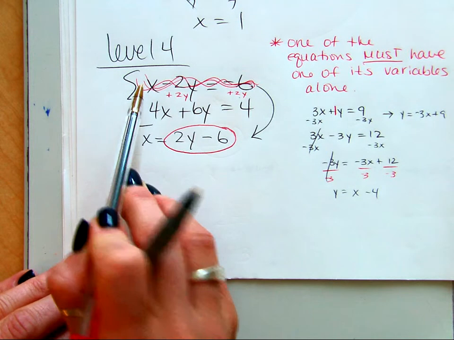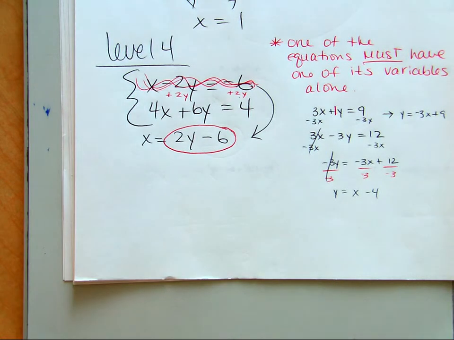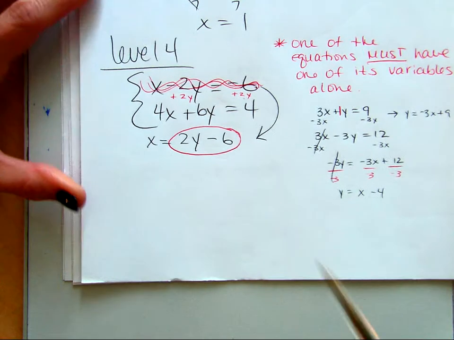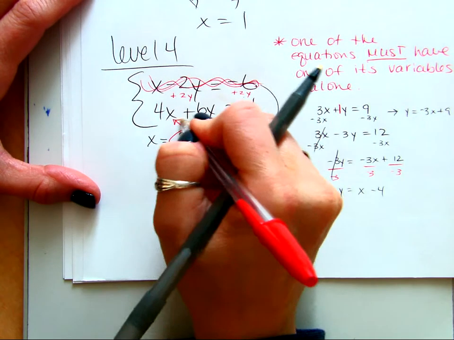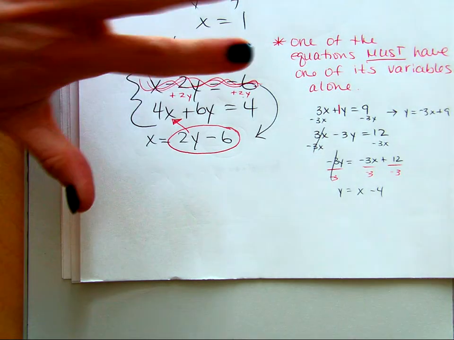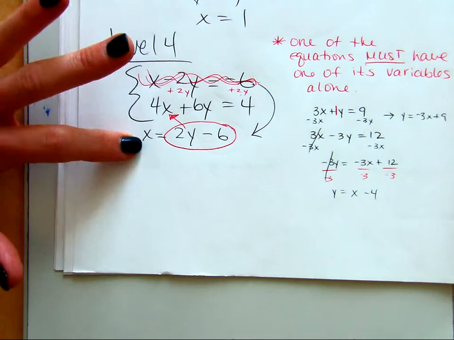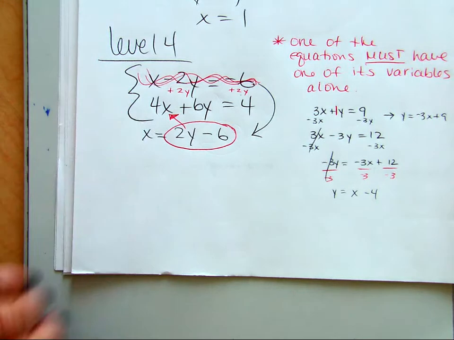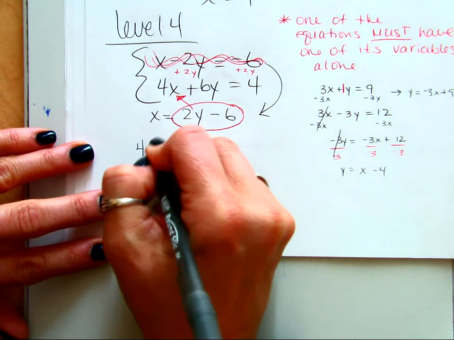The key is you take something from one equation, you have to put it in the other equation. So I mark that out because now the only place I can put that is the other one. So this equation is useless to us now. I have the updated version. Put this in the other, and you should know what to do from there.